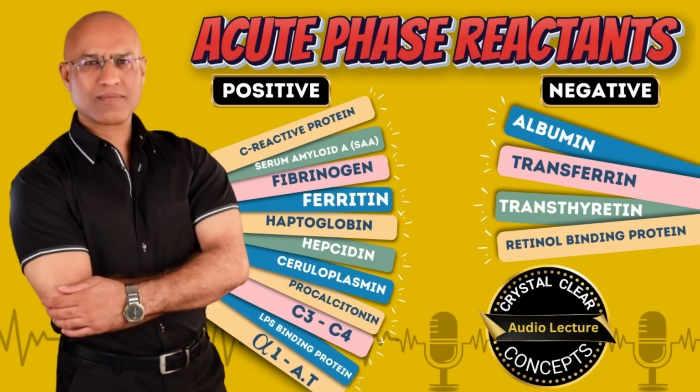It can also produce a special terminal complex, the terminal part of complement factors, which eventually makes punch holes in the membranes of bacteria or injured cells and helps to eliminate them, right?